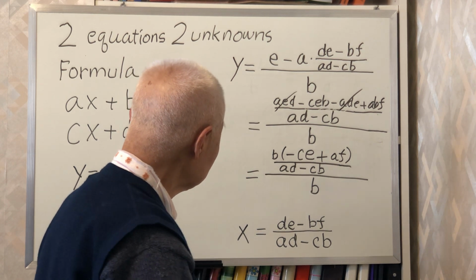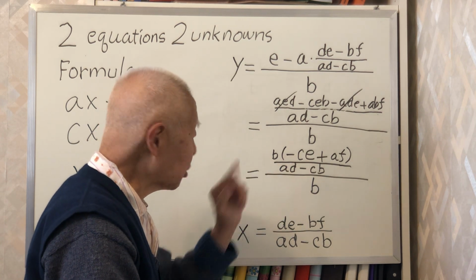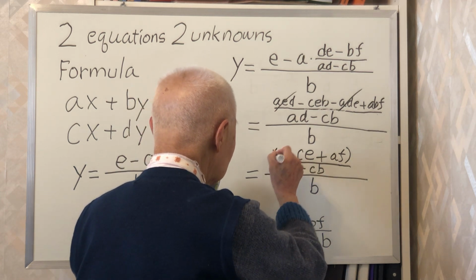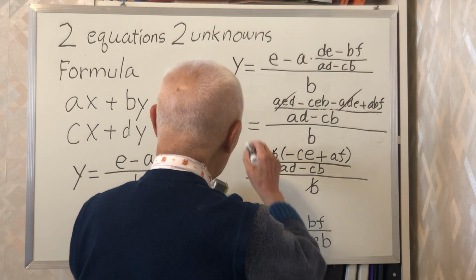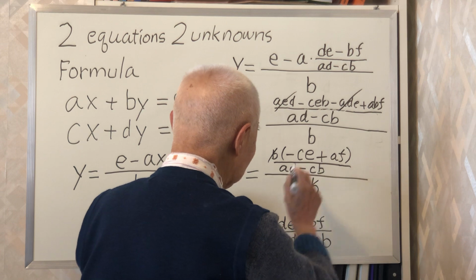Do you notice that this B and this B can be cancelled? So the final result is y is equal to this divided by that.